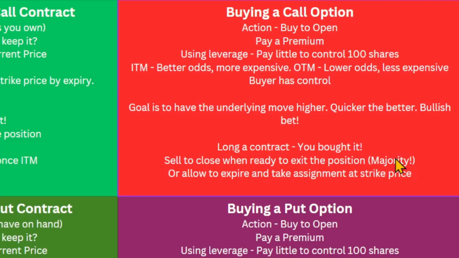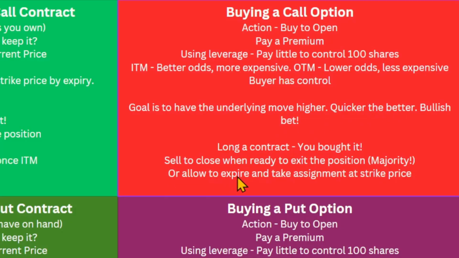So a lot of times, even though you're buying a 5-week contract or something like that, you might only be in that for a week or 2 weeks. Now, when you want to get out of that contract, we're going to sell to close when we're ready to exit the position. So we buy to open. When we're ready to close it, we sell that contract to close out our position, right? Or you have the option.